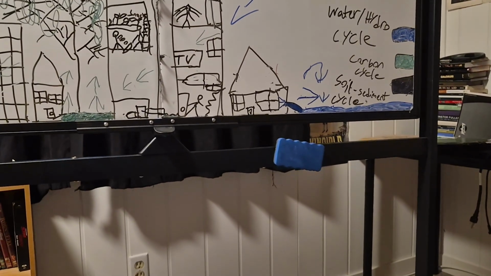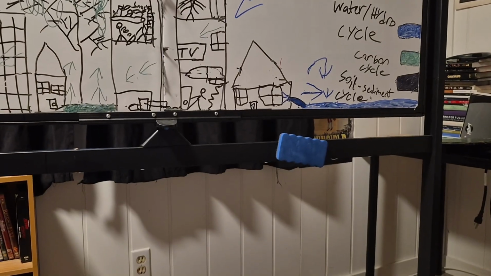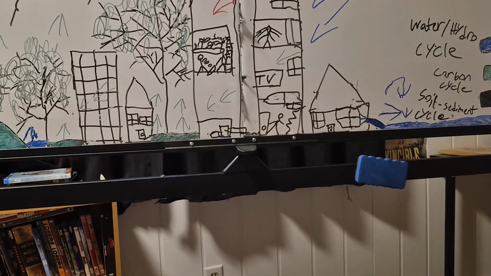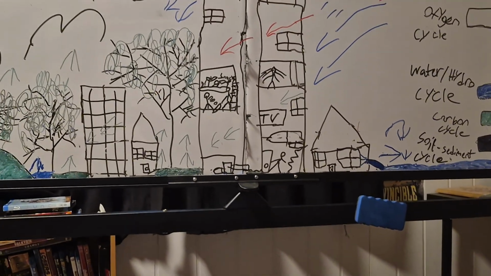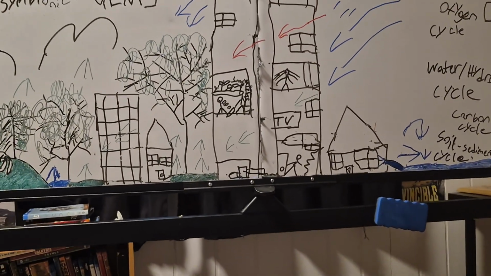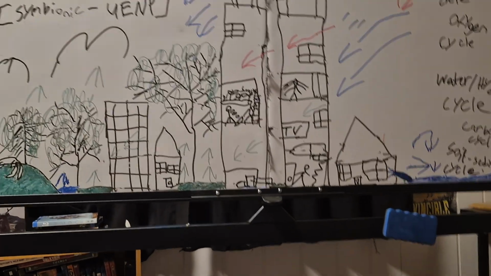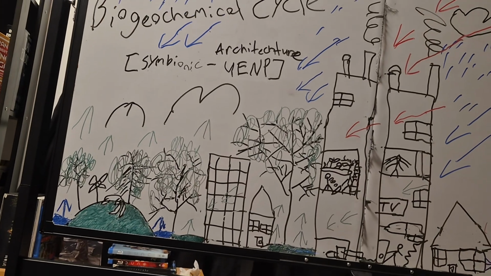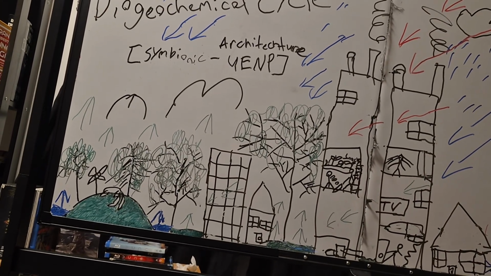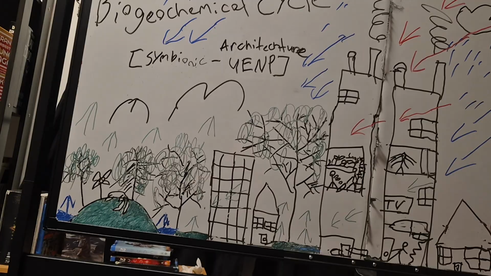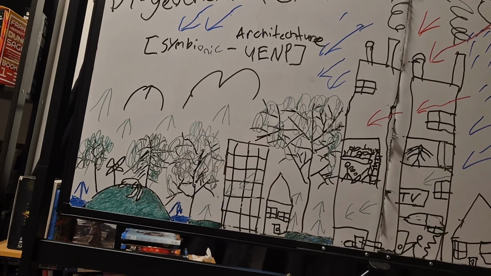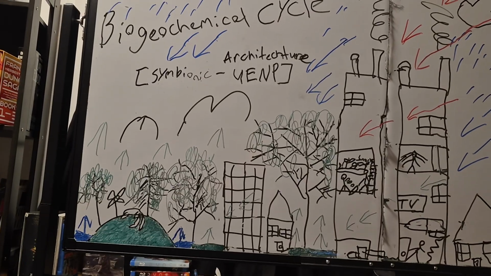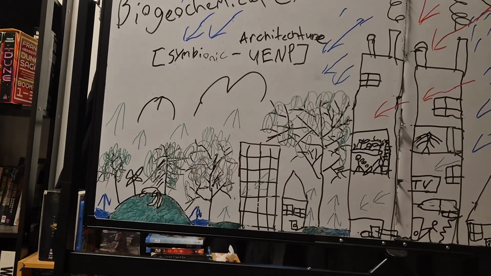The reason sediment cycle and soil cycle are together is because a soil cycle can contain minerals and sediments, so it's not always easy to separate them.